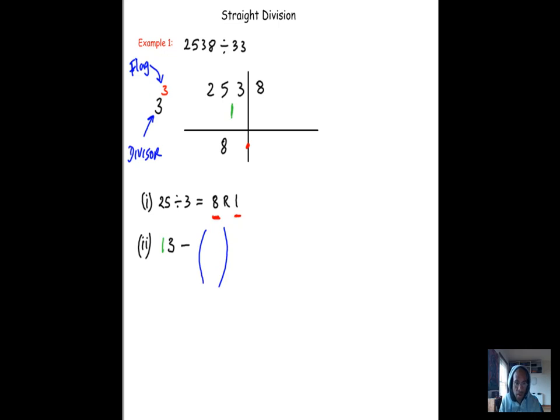The flag, which is the 3, multiplied by this line here is just showing that we're connecting, we're multiplying the two numbers together. Multiplied by this 8 here, which is the first digit in the quotient, in the answer section.